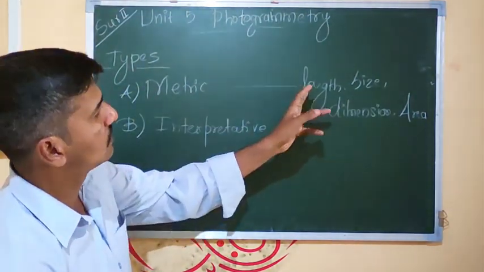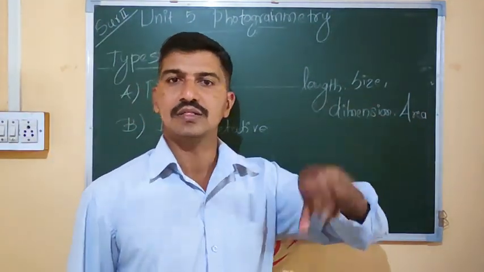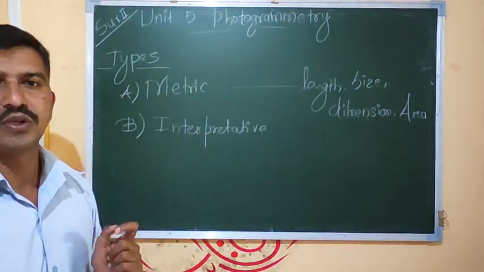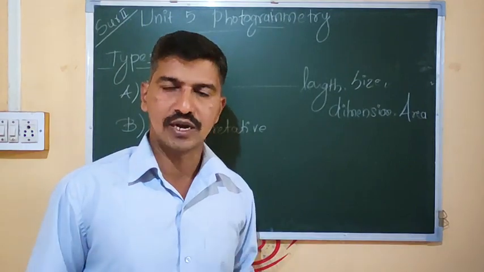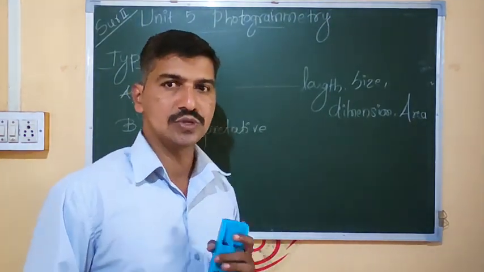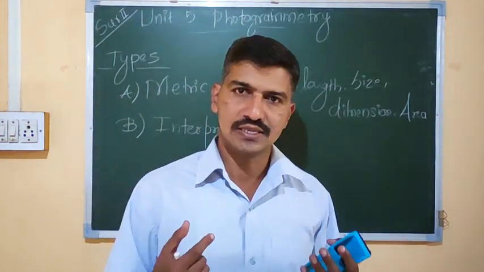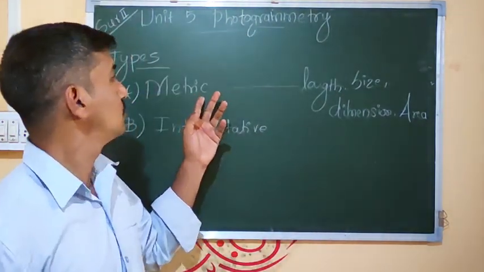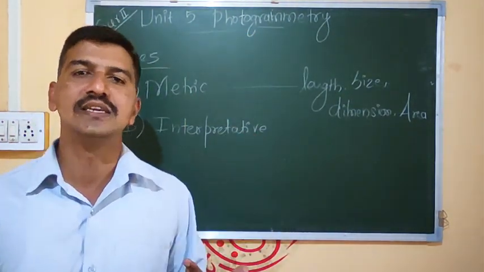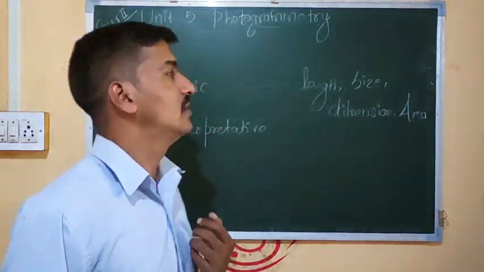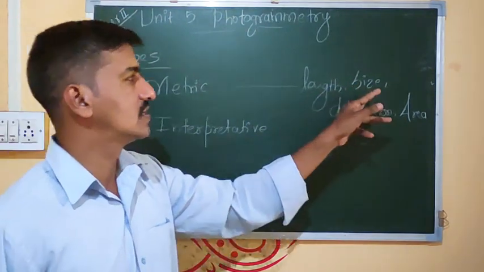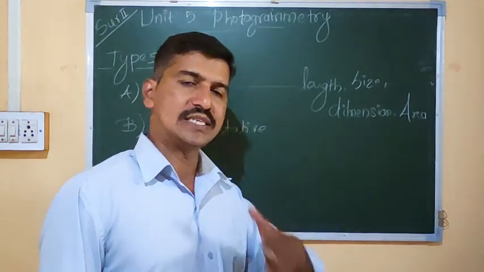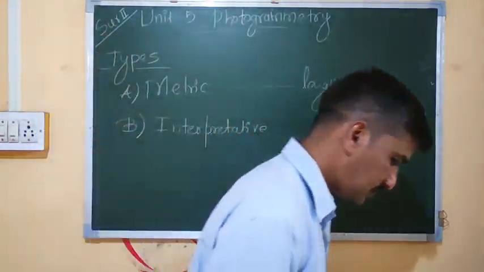Of course, length, sizes, dimensions, area are to be found out by using the photographs only. Those photographs are kept under a mirror stereoscope. Mirror stereoscopes have lenses. By turning the lenses in the appropriate direction, we are going to see those photos in 3 dimensions, and then find out the length, size, dimension or area of that particular photo. That is what is included in metric photogrammetry.